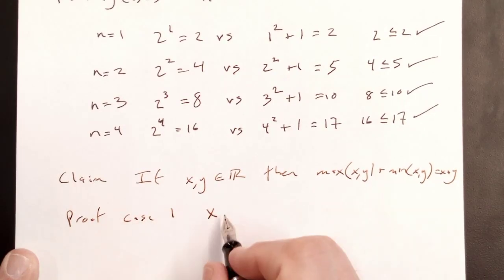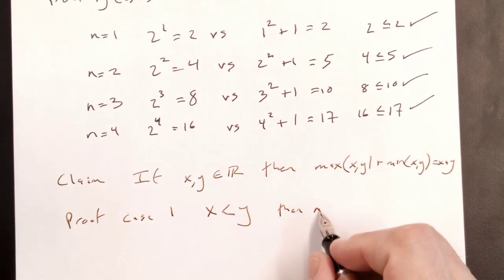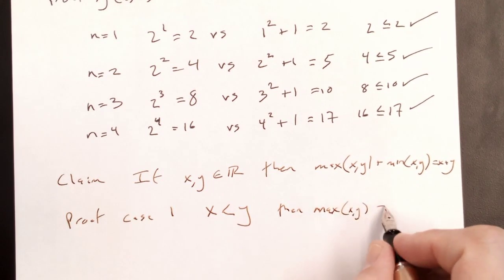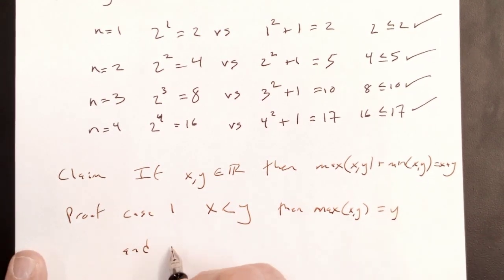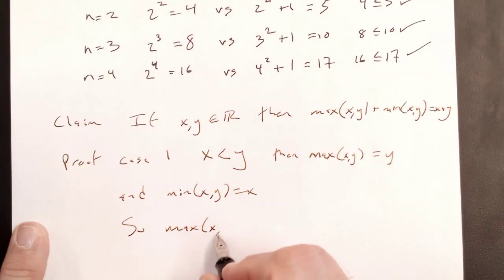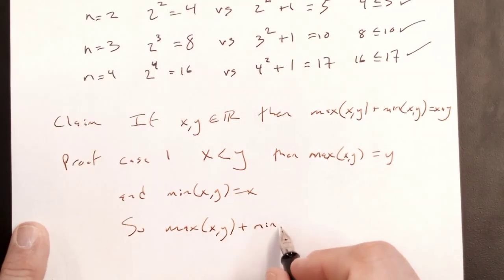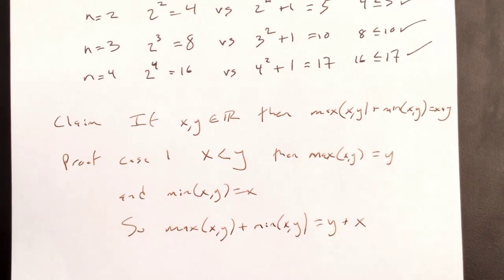Let's suppose that x is smaller than y. Well, then on the left-hand side, the maximum of the two of them is y, and the minimum is x, and therefore when I add maximum plus minimum, I get y plus x, but addition works both ways.